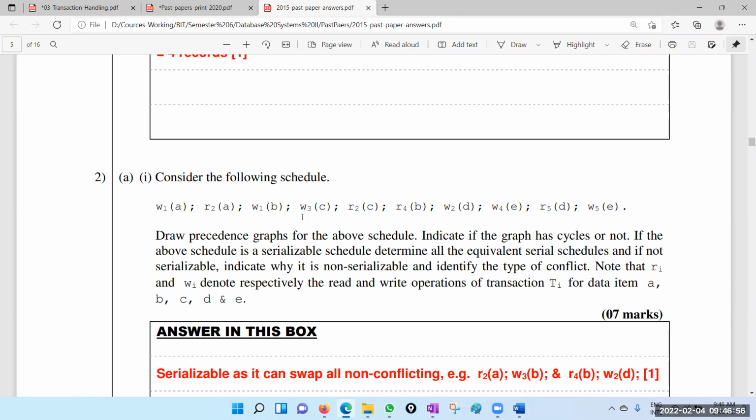So W3 means a write by transaction 3 on the C resource, on the data items A, B, C, D, and E. So first draw the precedence graph and check whether it is serializable or not. If it is serializable, what is the equivalent serial schedule, or if not, what is the reason? First do that, then we move on to the locking part.